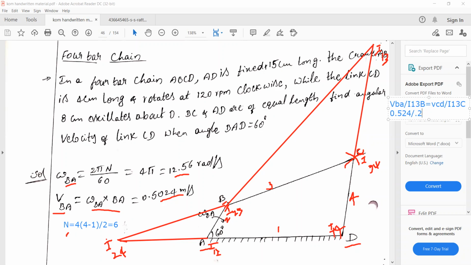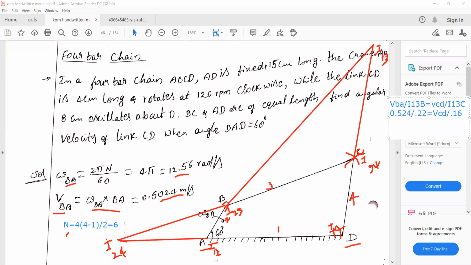So that is 0.524 divided by 0.22 equals VCD, which is unknown, divided by I13C. This distance is, for example, 8 centimeter. 8 into 2 is 16 centimeter, which means 0.16 meters. Just convert it into meters.